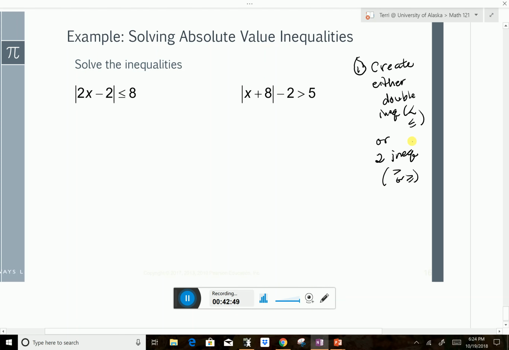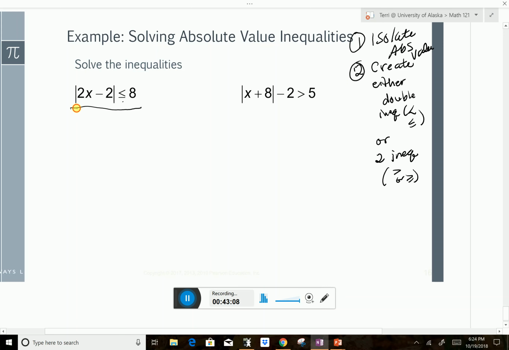So we have to create one of these. So let's start with this one. This is a less than or equal to. Actually, I shouldn't even say that. That's actually step 2. Step 1 is isolate the absolute value.